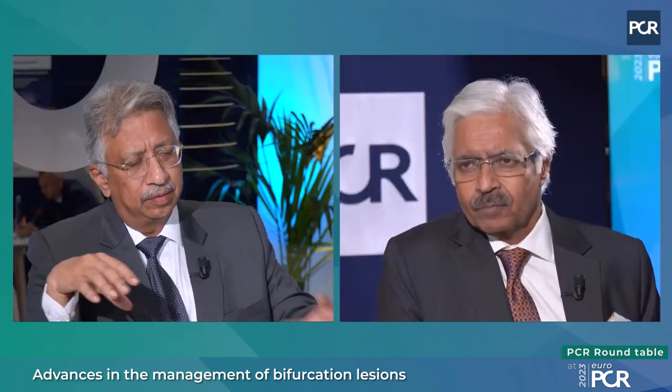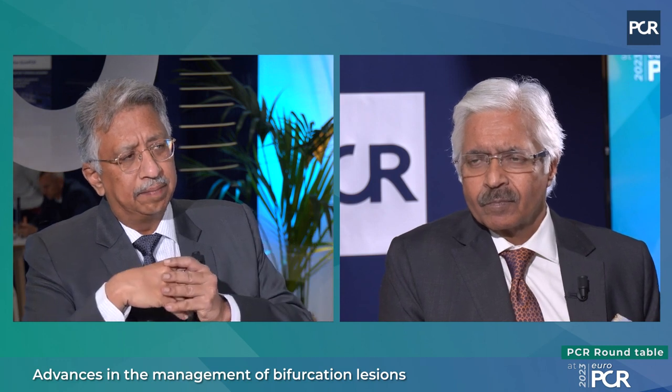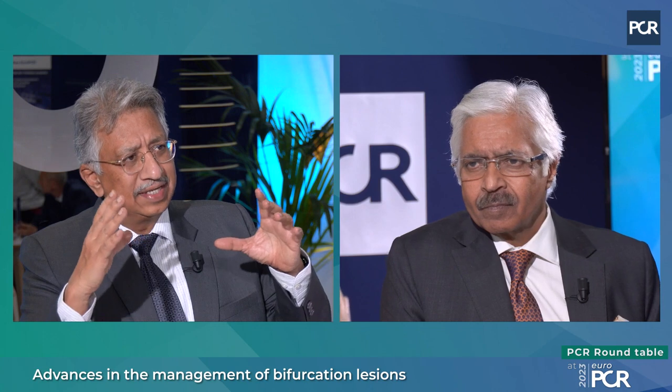Yeah, I do use Supraflex Cruz, and I think there are some distinct advantages to this stent. One is it's got a very unique Z connector, so you can get flexibility. And because of this Z connector, as Dr. Rishi was saying, you get a cell size, an area that's generally larger than other stents. So you have greater access to your side branch.